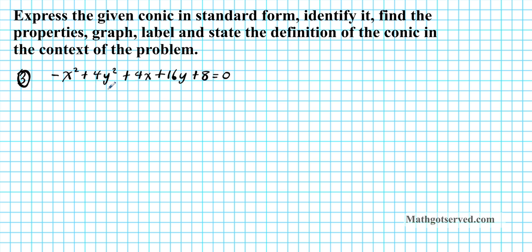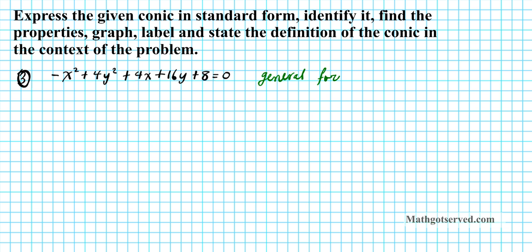So that means it's either a circle, an ellipse, or a hyperbola. Since one of the squares is negative, that automatically makes it a hyperbola, all right? So this is the general form of a hyperbola.